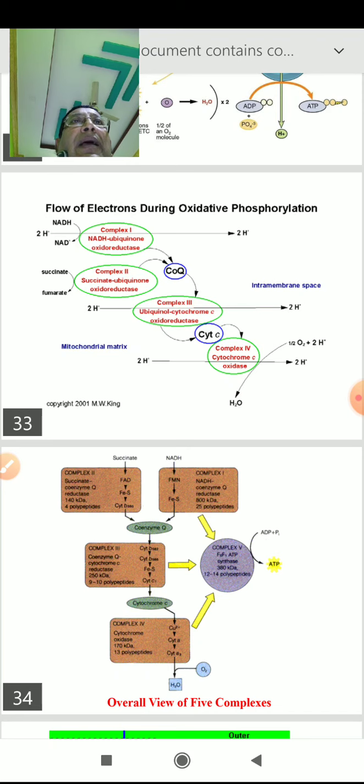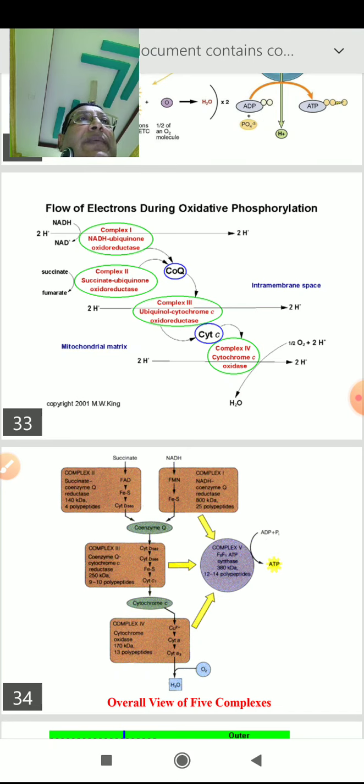Next is complex 3. In complex 3, again hydrogen will be channelized from the M side to the C side, and the electron coming from coenzyme Q will ultimately be channelized to cytochrome C. From cytochrome C the electron enters complex 4, that is cytochrome C oxidase, which also accepts hydrogen.